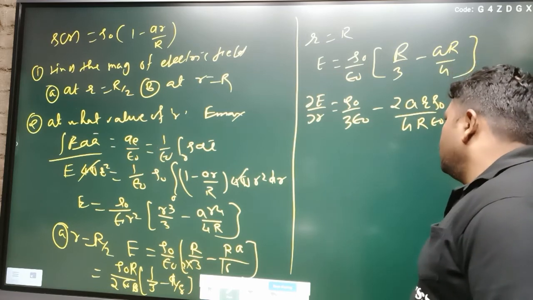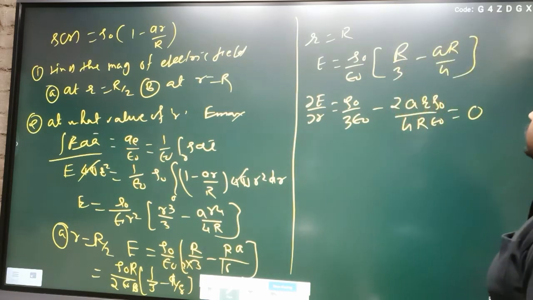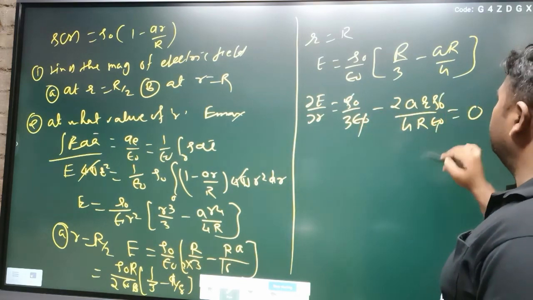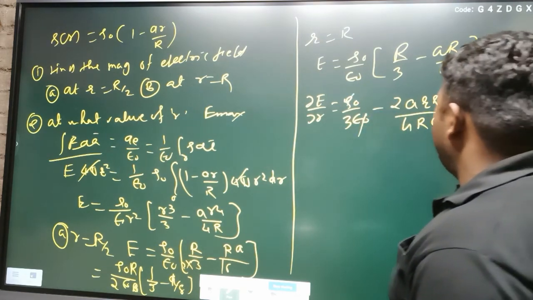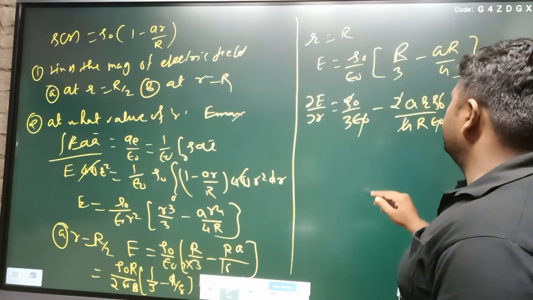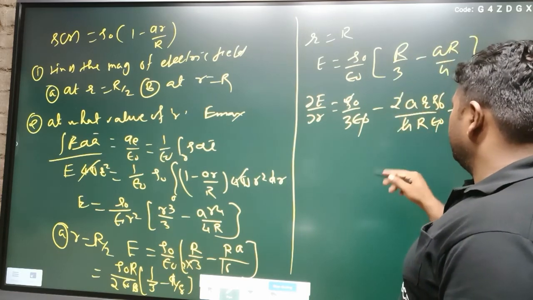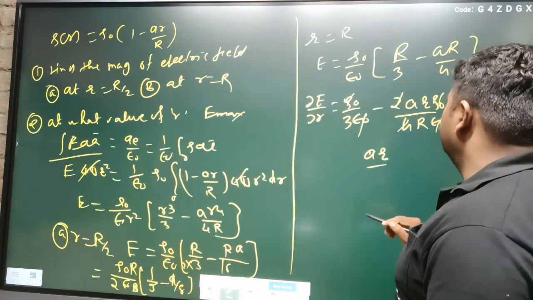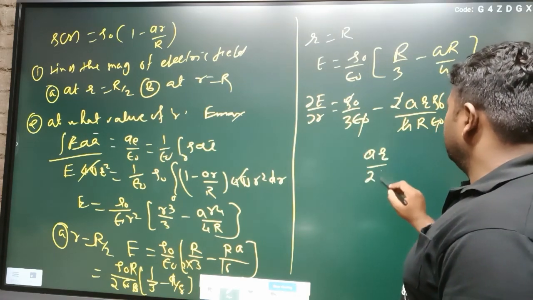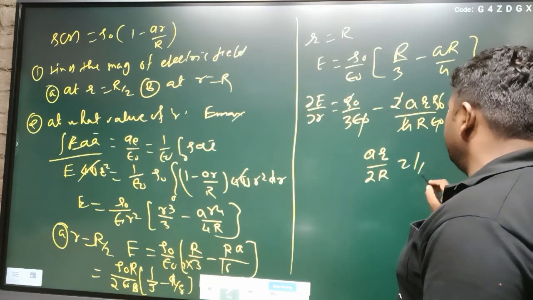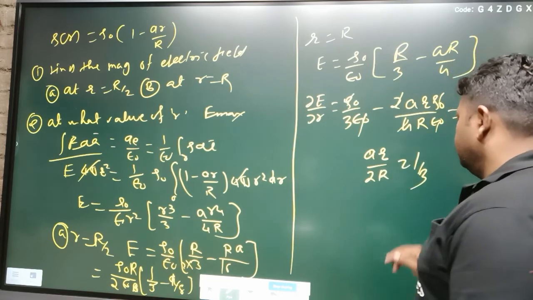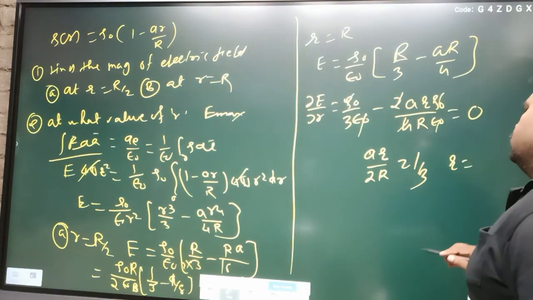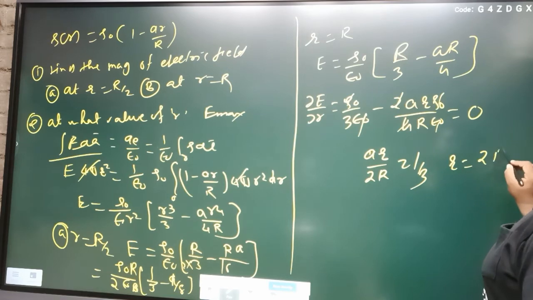We can take rho naught common, and rho naught and epsilon naught get cancelled. Looking at the right side, 1 by 3 is equal to a upon 2r. So small r is equal to 2 capital R upon 3.